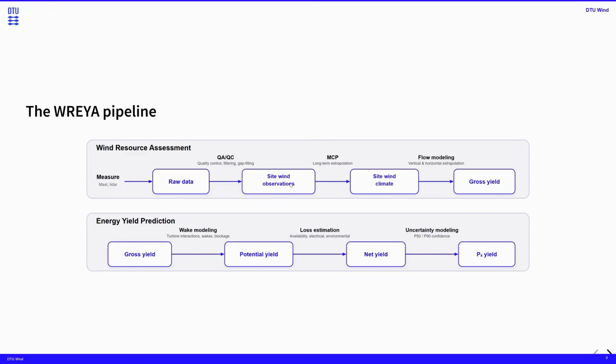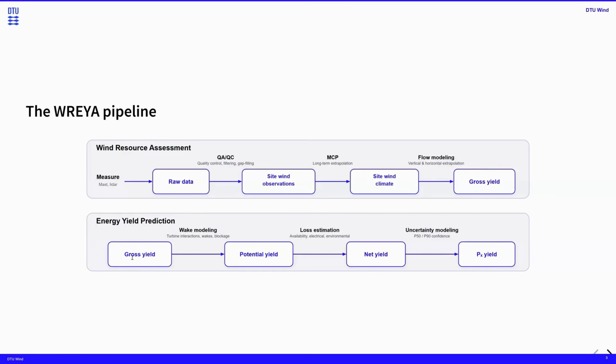We have to make this short-term measurement campaign representative of a long-term wind climate. So we have to do an MCP step, which is this long-term extrapolation. And then we take that long-term representative climate and move from the mast location to where we want to put the turbines, which we do by this flow modeling step for vertical and horizontal extrapolation of the wind climates. Then we have a gross yield estimate from that, and that's what we take for our energy prediction pipeline here.